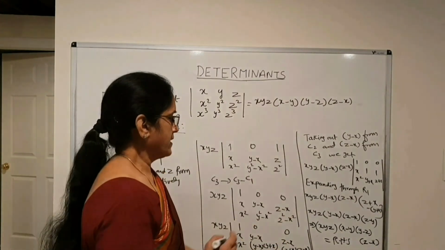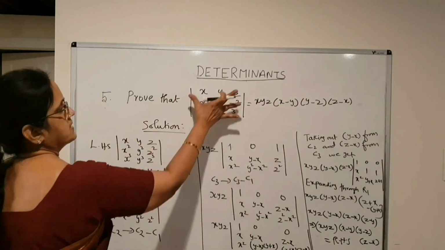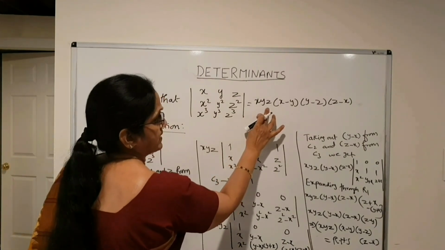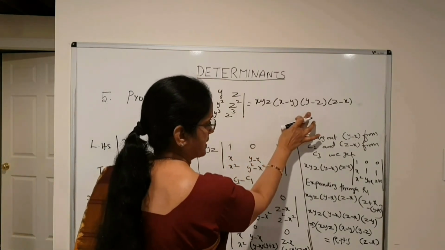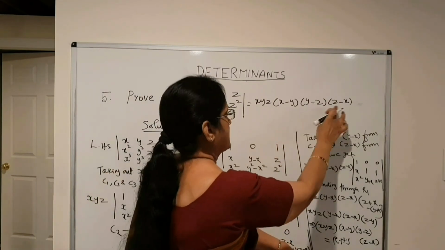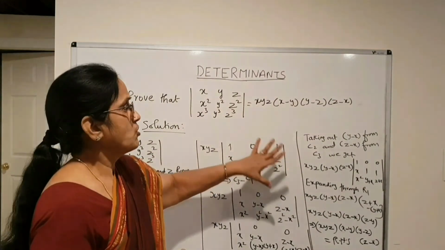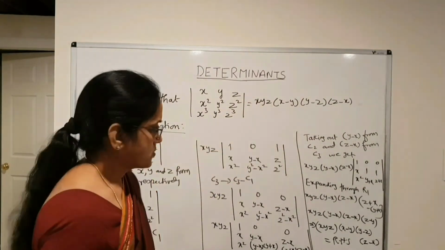Now finally you need to write, therefore this determinant is equal to xyz into x minus y into y minus z into z minus x. Hence proved. That is how you will be concluding your answer. So let me write.